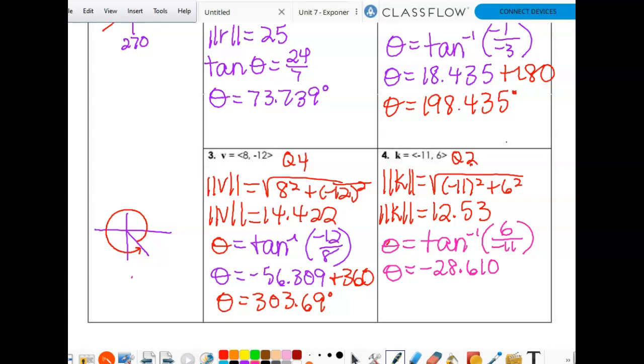Okay, y'all, negative 28.610 is here, right? Which quadrant do I have to be in? So second is here. So how much do I have to add? 180. So your theta ends up being 151.39.